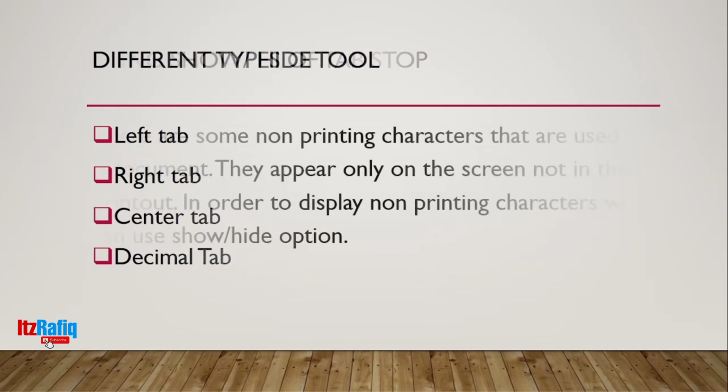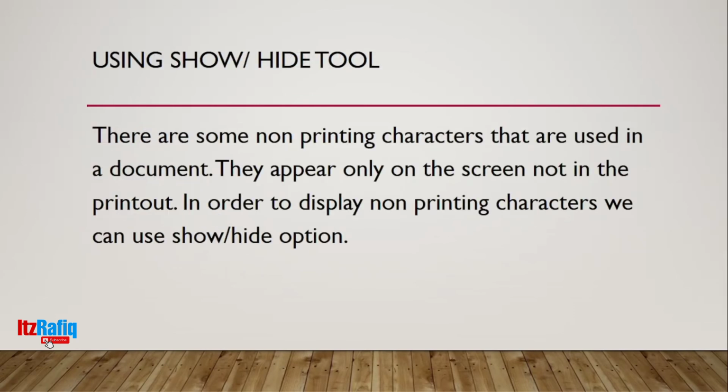Now we will move to the next topic, using the show and hide tool. There are some non-printing characters that are used in a document, for example full stop, next line, tab stop, space, etc. These non-printing characters we can show or hide in our document.